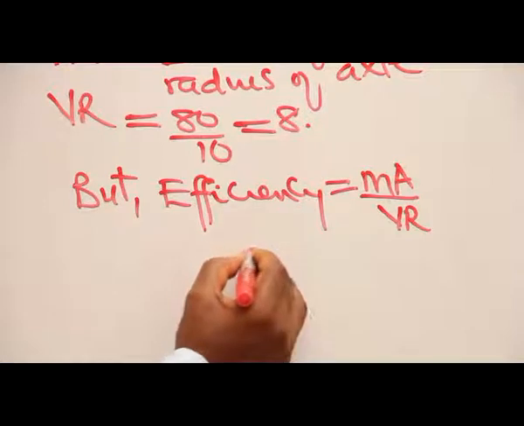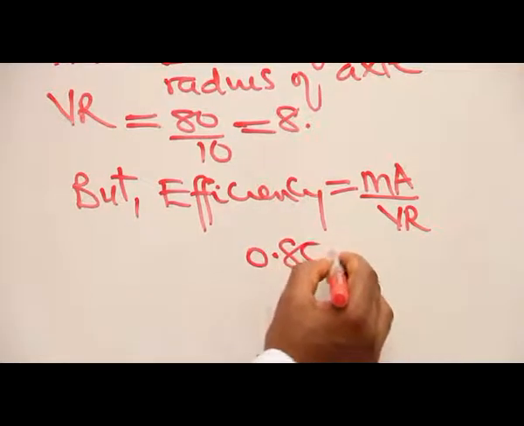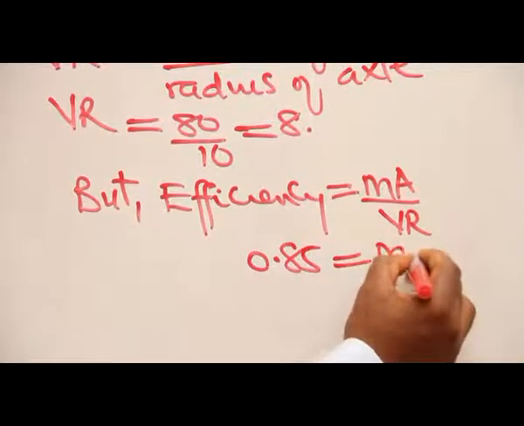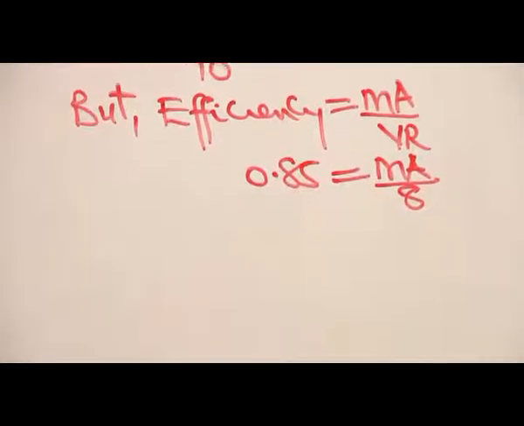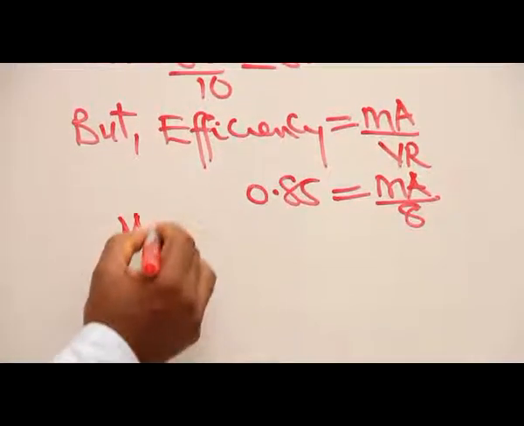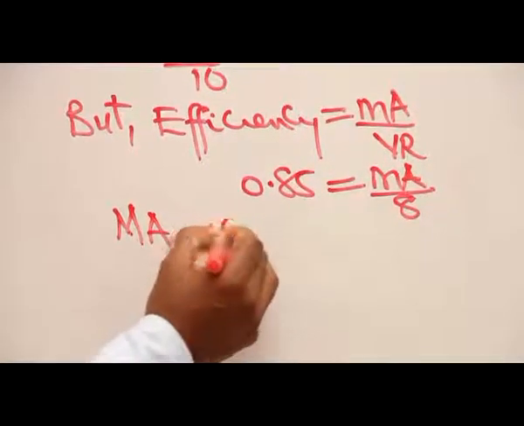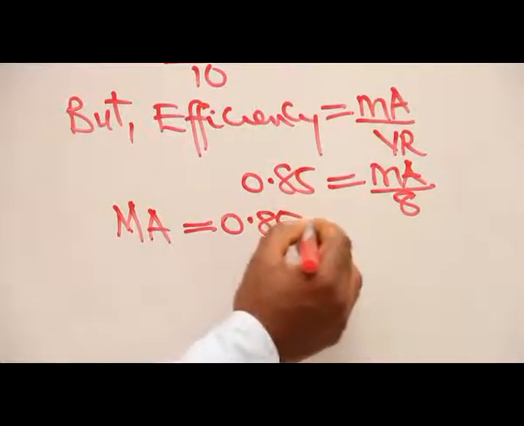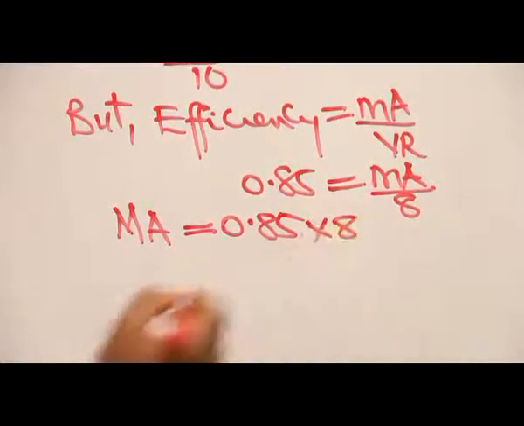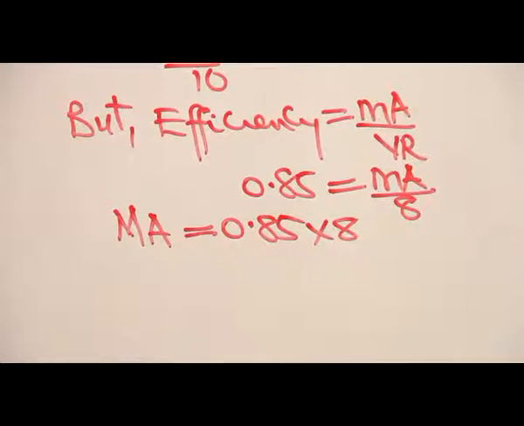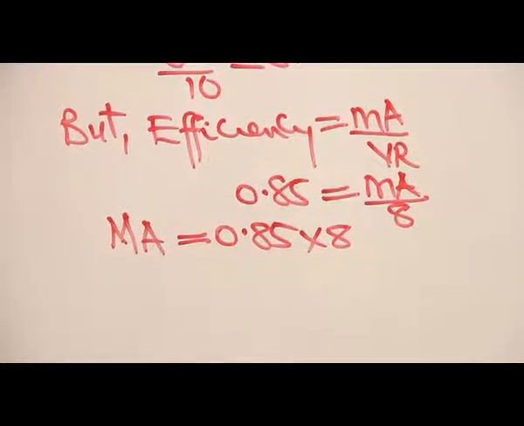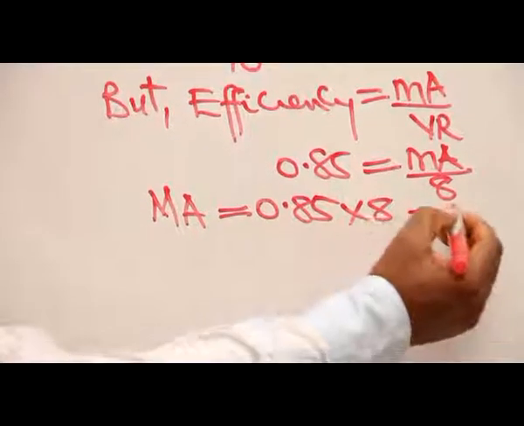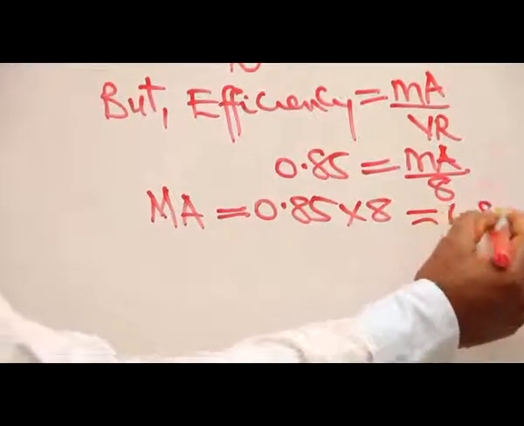In that case, we have this as 0.85 equals mechanical advantage MA divided by velocity ratio 8. That means mechanical advantage is equal to 0.85 times 8. If we effect this multiplication, the product of these two will give us 6.8.